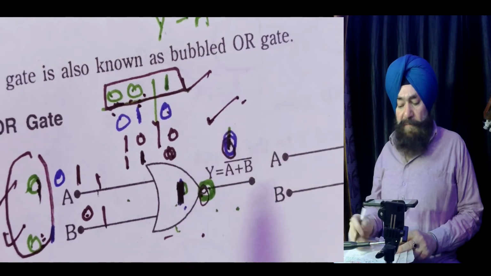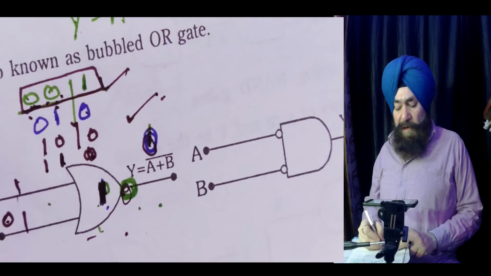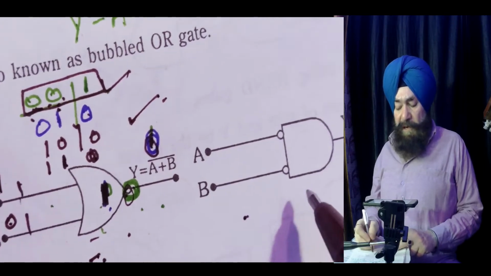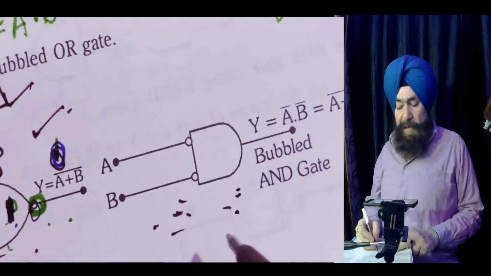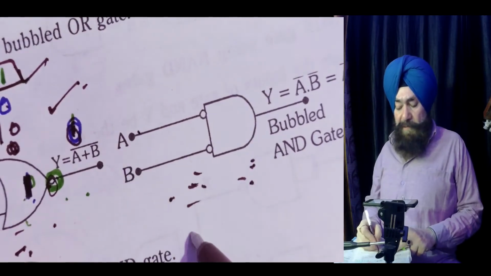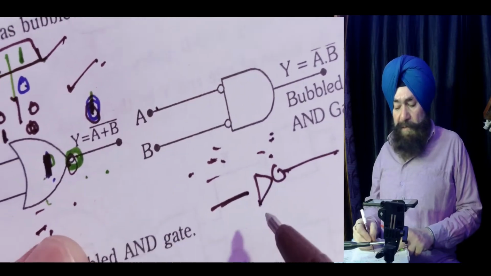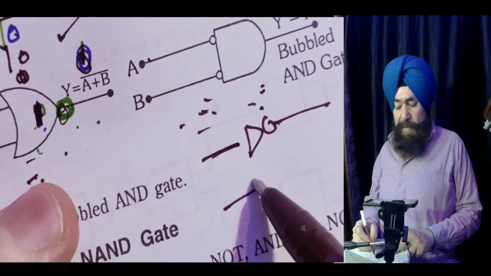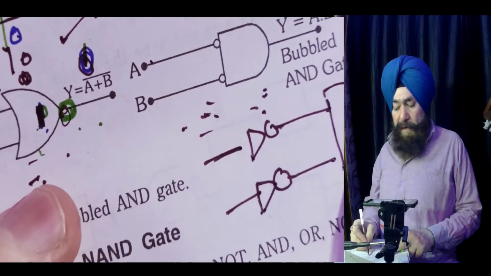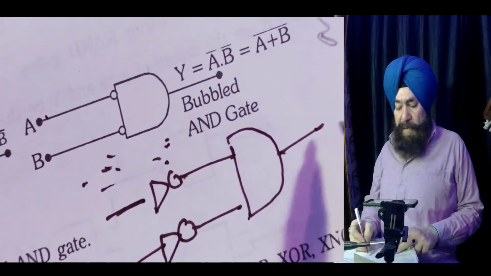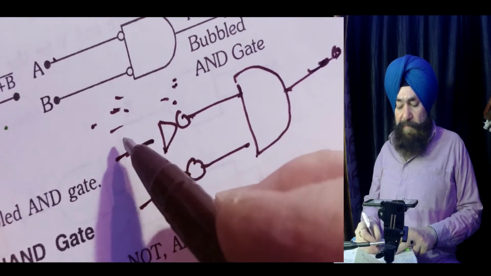This is the NOR gate. And one thing you prove yourself: the NOR gate is equivalent to a bubbled AND gate. The equivalent diagram is like this. I'm giving you just a hint.